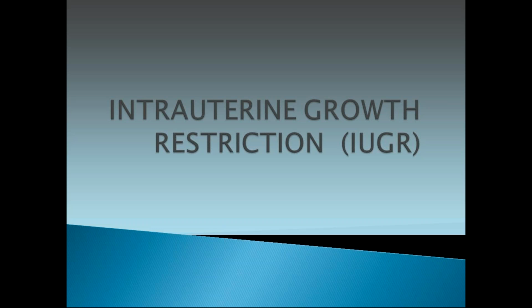So we'll define it. Normally the growth of the baby depends upon genetic factors of the baby, factors of disease, and whether the nutritional substances the mother is consuming are adequate or not, and whether whatever she is consuming is properly going to the baby through the placenta.